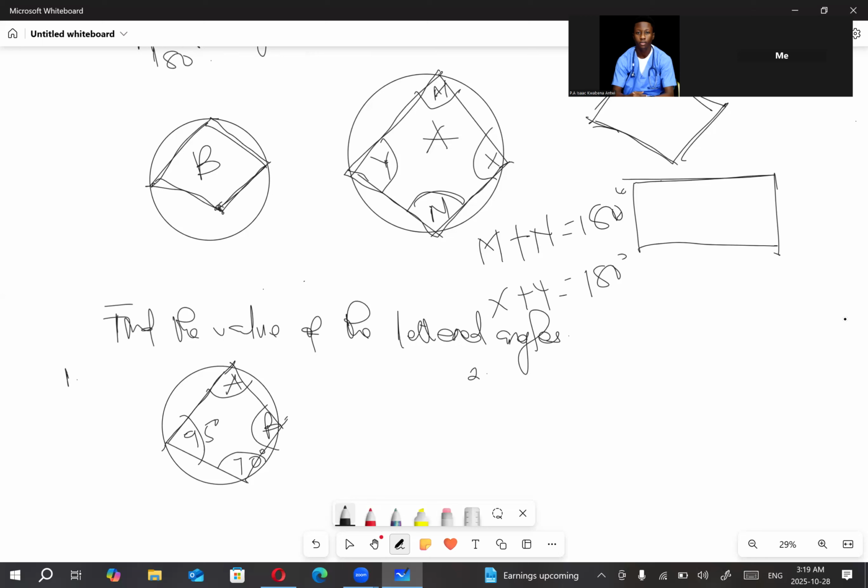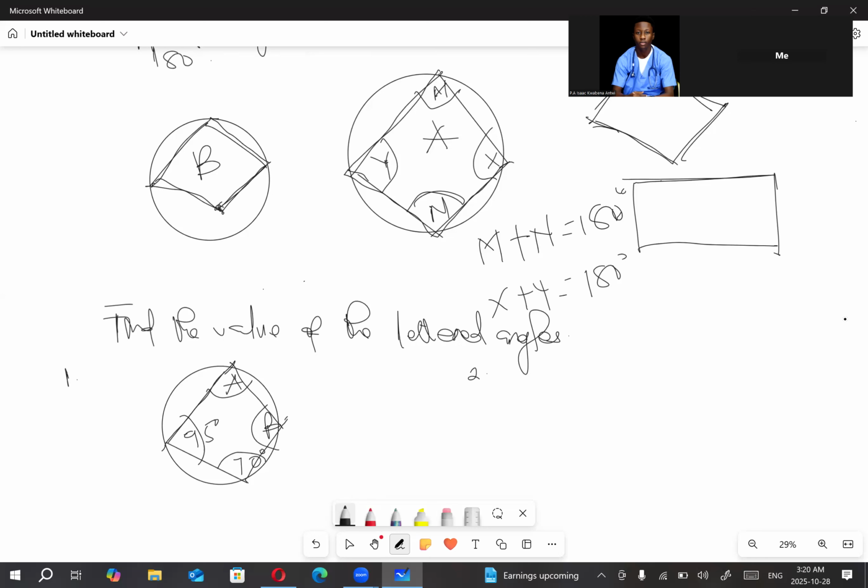And the property specifically talks about a cyclic quadrilateral, not any other quadrilateral. It must be cyclic. It must touch all points of the circle. And we spoke about that. So I'm surprised you're asking again, what's that word cyclic? Meaning you are not listening. You are in a classroom, but your mind is not there.